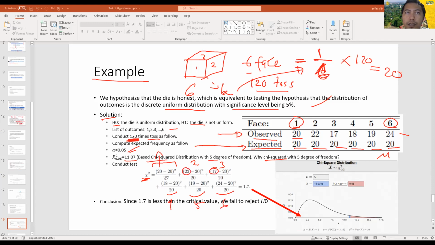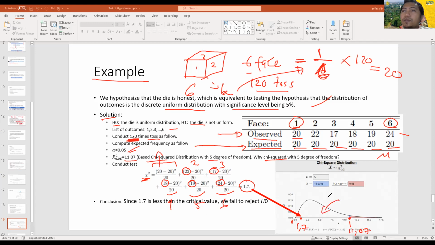Okay, and we got this value, and the location of this value is here, 1.7, and the critical value is located here, 11.07.